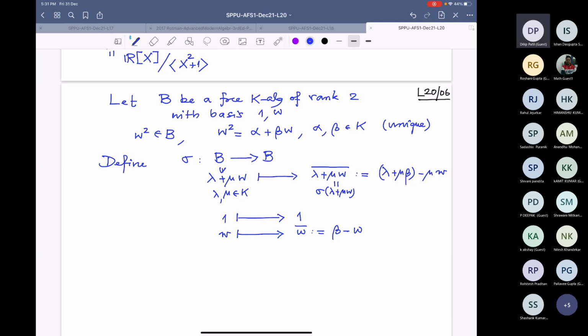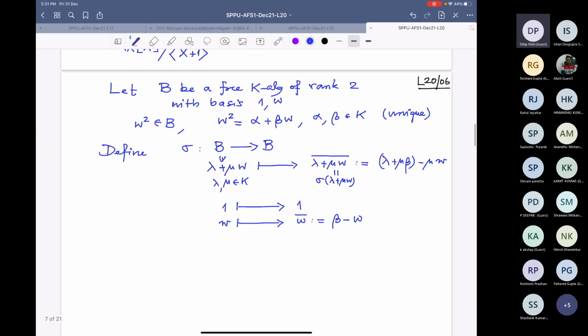This is the analog of the complex conjugation. All right, so you check this, and then we will continue with this, and you explain to me why this is maybe the first problem. You can do it next week.